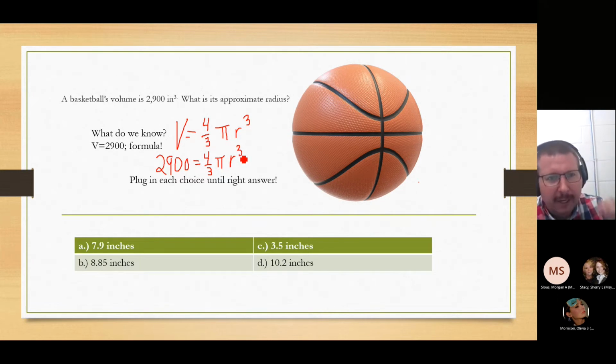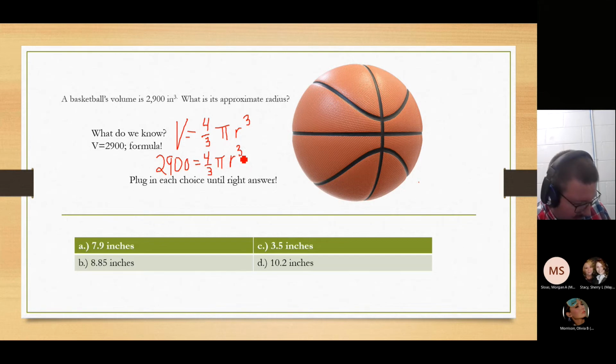Since it's multiple choice, we can just plug in 7.9 for r and see if we get close to 2,900. So in your calculator, you would hit 4/3 pi. Radius, let's just say is 7.9 to the 3rd power. And I get 2065. Well, we want to get close to 2,900. That's not it. It's close, but that's not it. Let's try B. 4/3 pi.